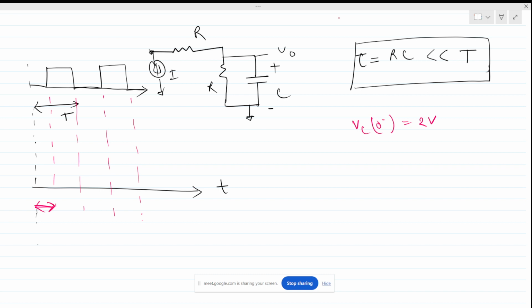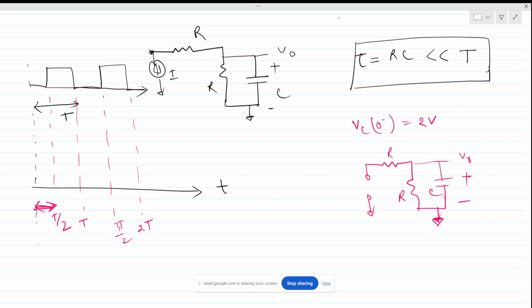In this time duration T by 2, and this is 3T by 2, and this is 2T. In this time duration the current source is open, right? So the picture will be looking like this.